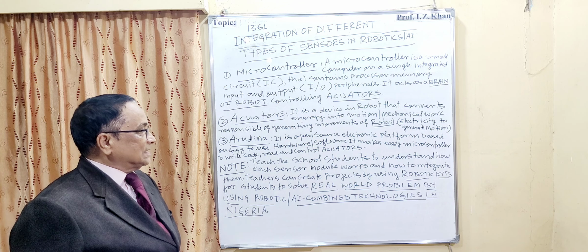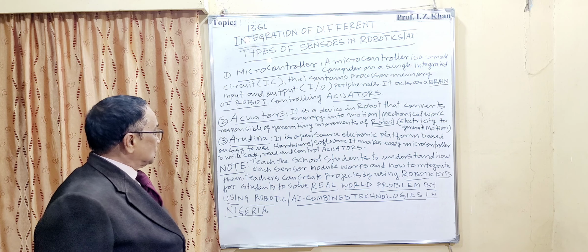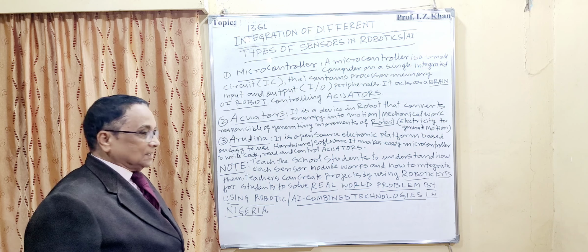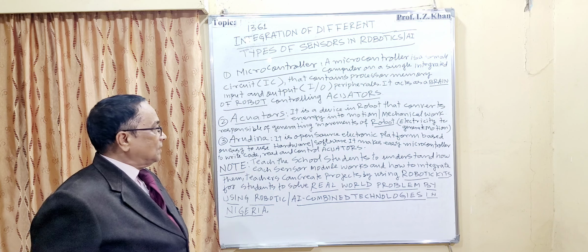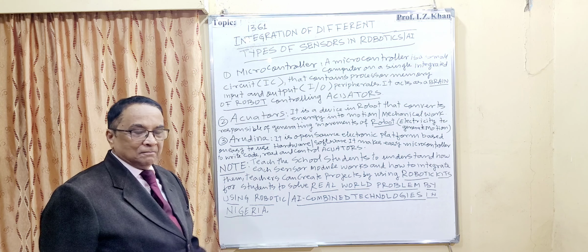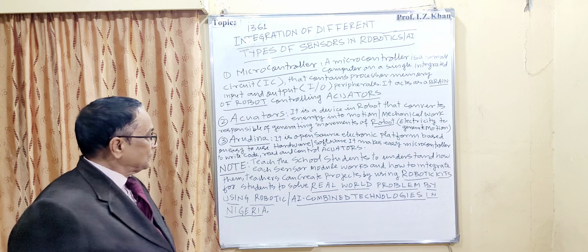It makes it easy for a microcontroller to write code, read, and it can control the motion or mechanical work of actuators. I have given the note here, 2 lines to everyone.